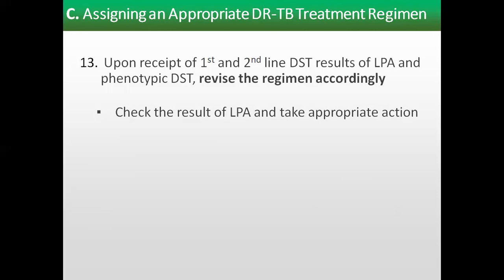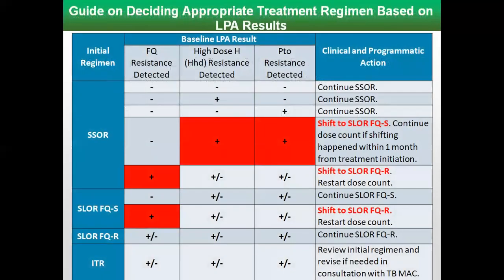So, again, yung LPA, ating line probe assay, will check for the presence of fluoroquinolone resistance, high-dose isoniazid resistance, and PTO resistance. So, yan. So, may guide na rin when to shift and when to continue.